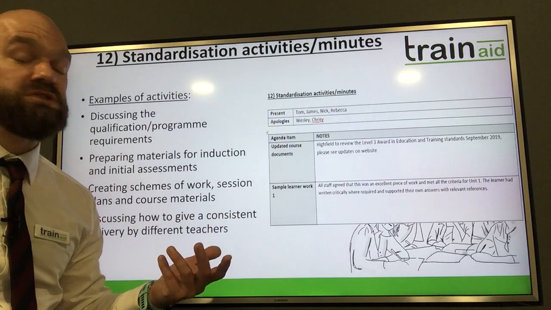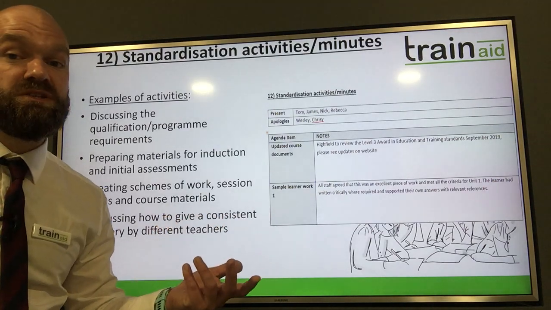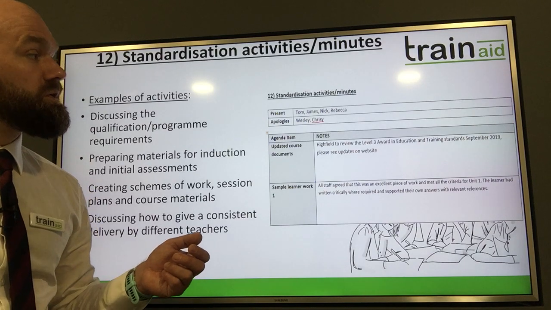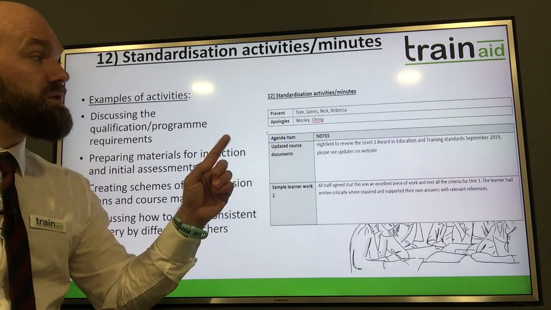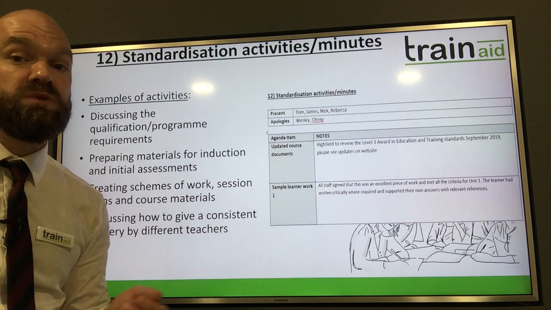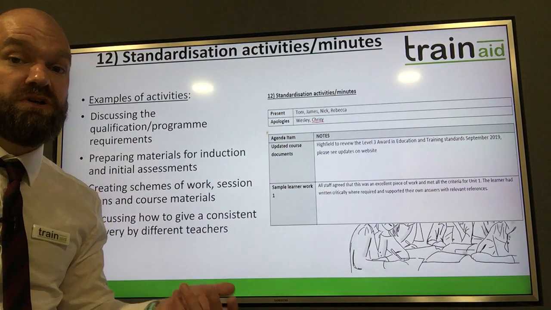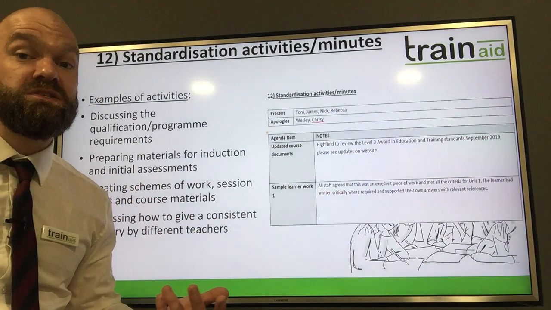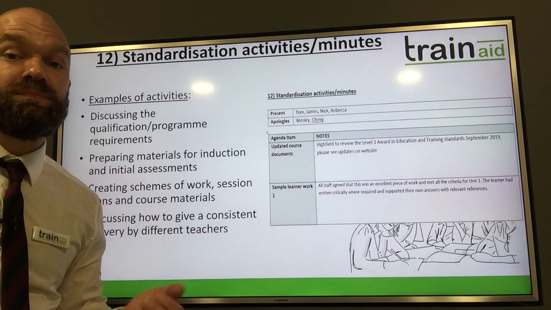It could be focusing on how your team of assessors mark criteria or work as well. We are looking to see a minimum of 1 standardization activity or minutes. You could also submit to us anything that was discussed within the meeting, such as any new policies or procedures as well.